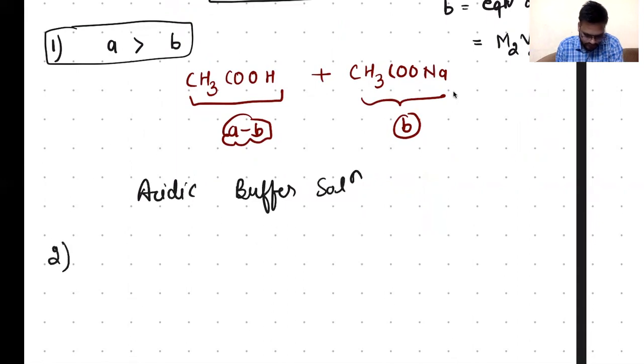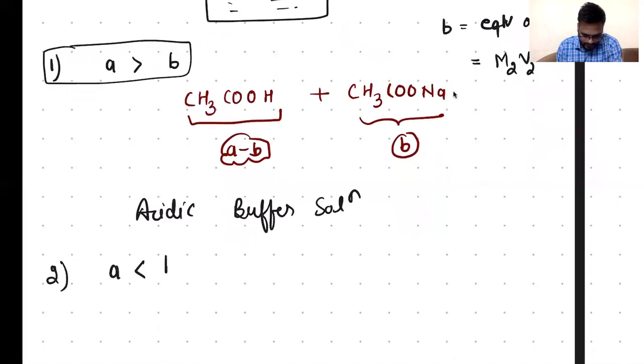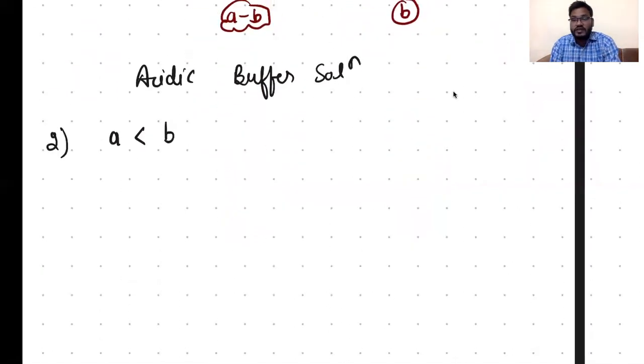But if A is less than B, it means NaOH is in surplus. The milliequivalents of strong base are in surplus. So after the reaction, the solution will contain CH3COONa, as CH3COOH will get consumed. It will act as the limiting reagent and get completely reacted with the strong base.